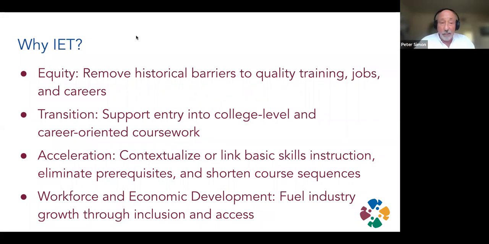And again, along with adult dual enrollment, which we were looking at at the same time, it's an opportunity to get into college level and career training from the adult education level much quicker.